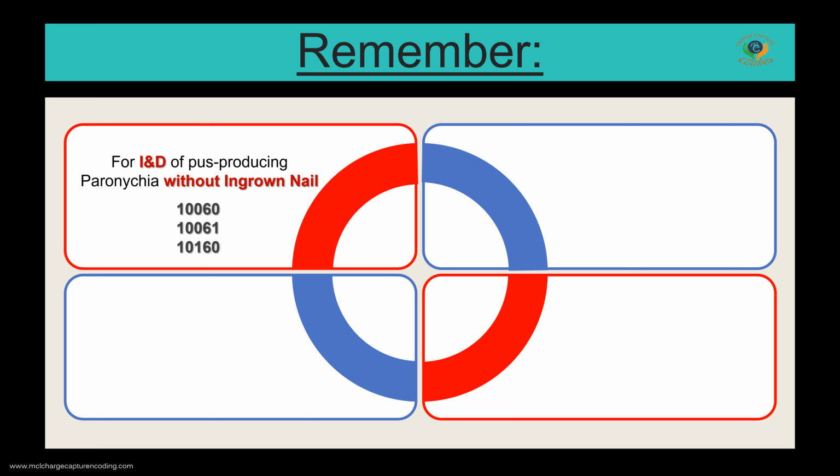We use 10060, 10061, and 10160 CPT procedure codes for incision and drainage of pus-producing paronychia without ingrown nail. We use 11750, 11765 for permanent correction of recurring ingrown toenail procedure.